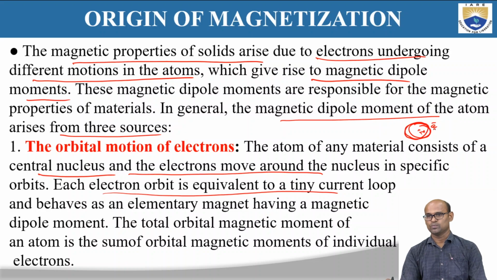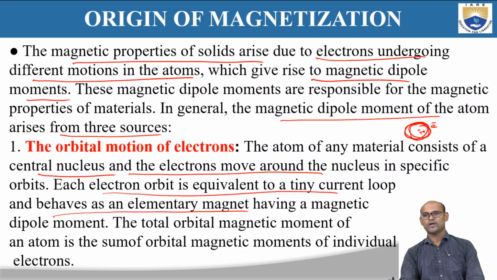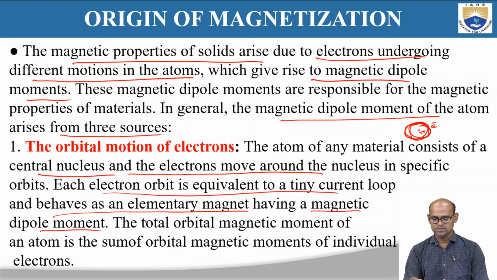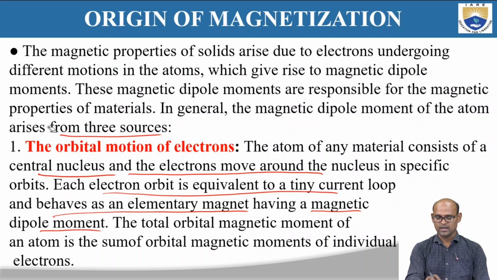This is a closed loop, so it is a tiny current loop and behaves as an elementary magnetic moment. Whenever a charged electron moves in a closed loop, it produces a magnetic moment. The total orbital magnetic moment of an atom is the sum of the orbital magnetic moments of all the individual electrons.